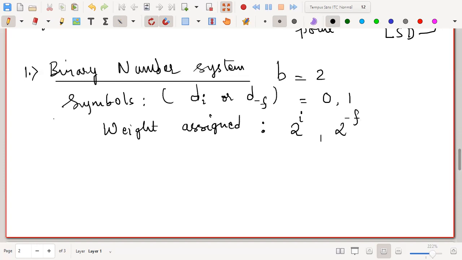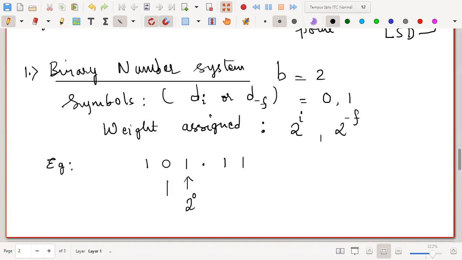For example, let me write down an example of a binary number system, and at the same time write down the weight assigned. Let me make it very simple. Suppose I have the number 101.11. Now this is in the binary number system. This is the radix point. The weight assigned to this digit is 2 raised to the power 0.